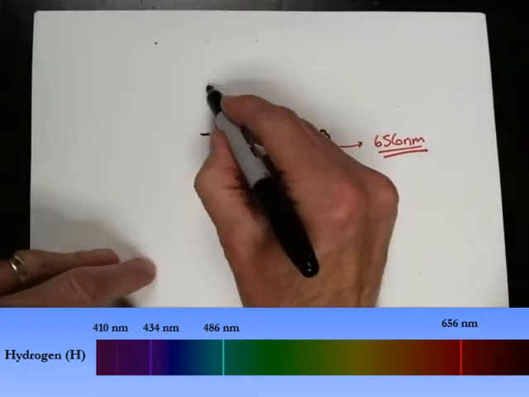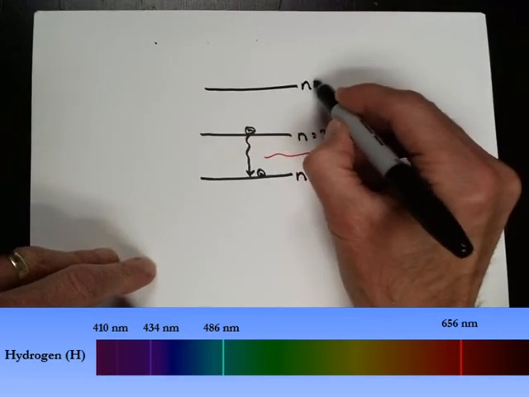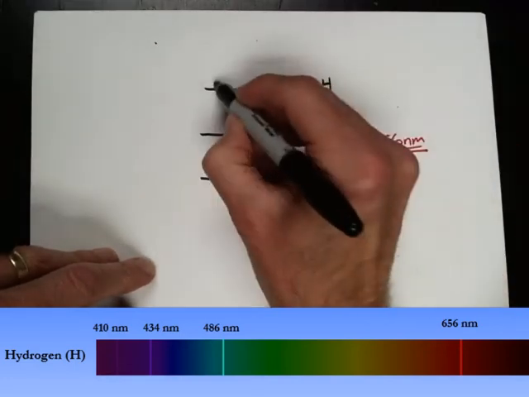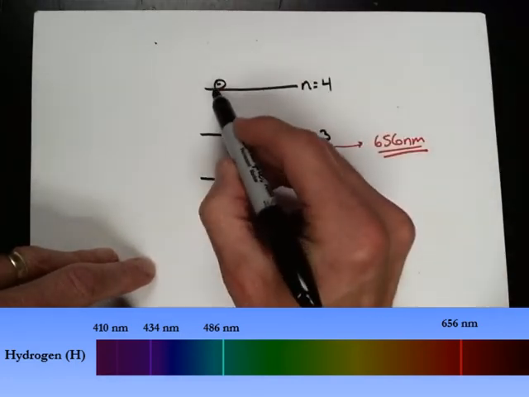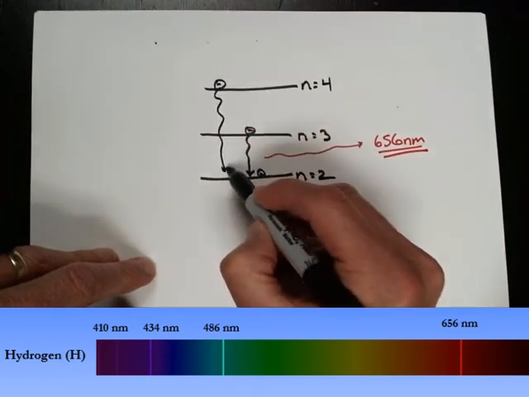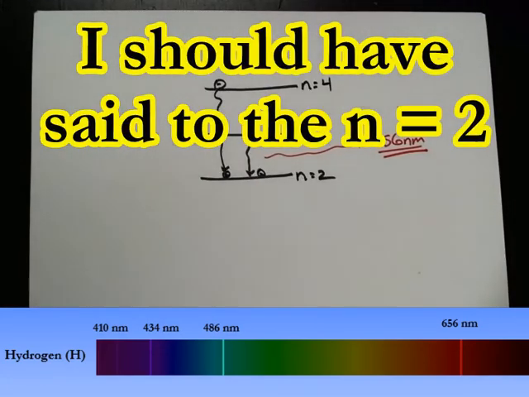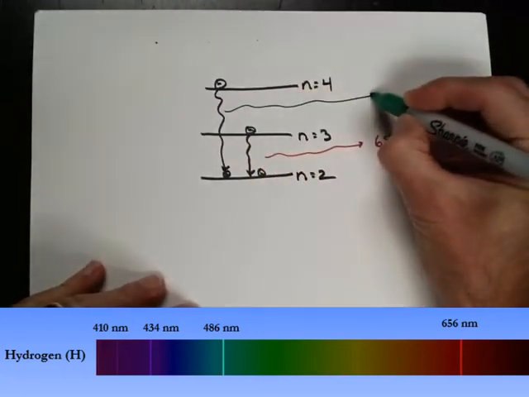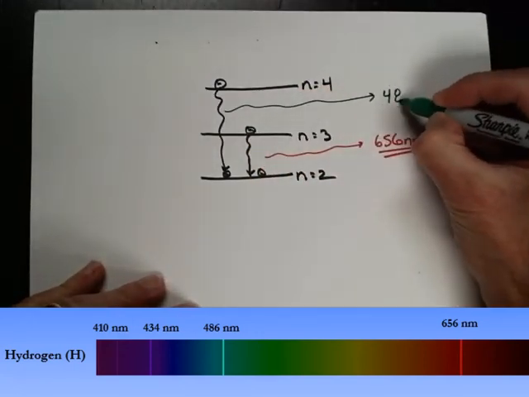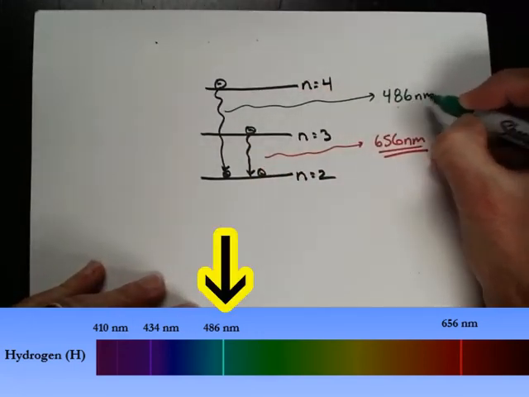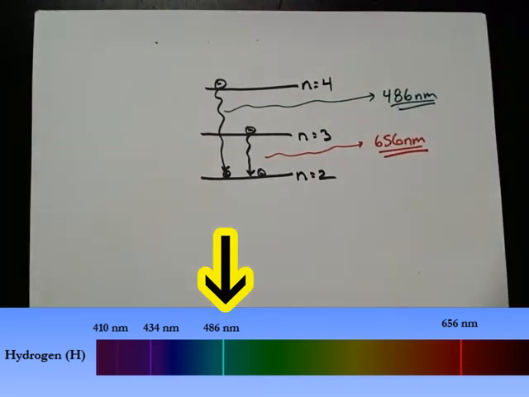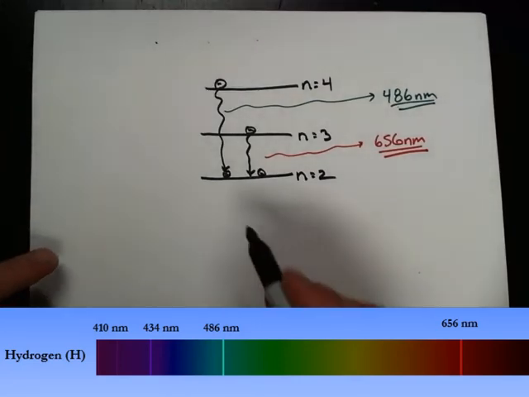In a similar way, you can find, if you do the calculations, and you should do this, that if an electron drops from the n equals 4 to the n equals 1 level of the hydrogen atom, it's going to give off a wavelength of light that corresponds to 486 nanometers, which again exactly corresponds to the wavelength of light that's given off by a hydrogen atom when it gets excited.